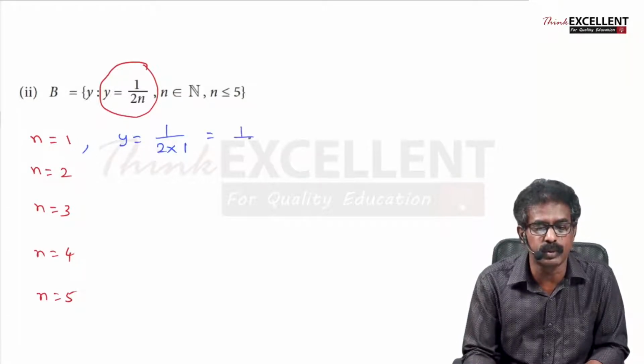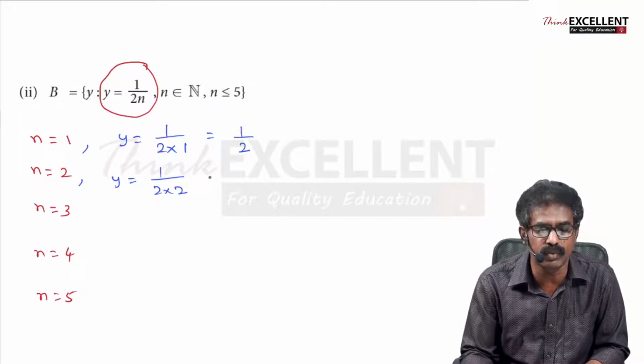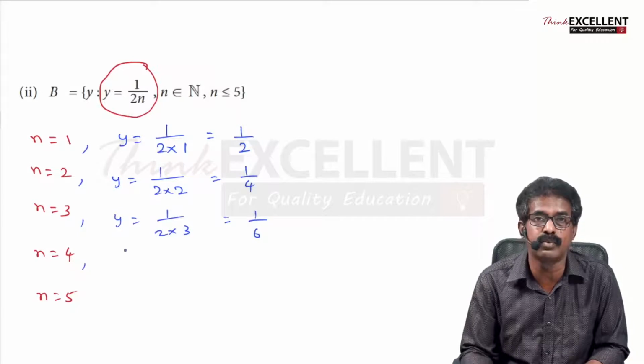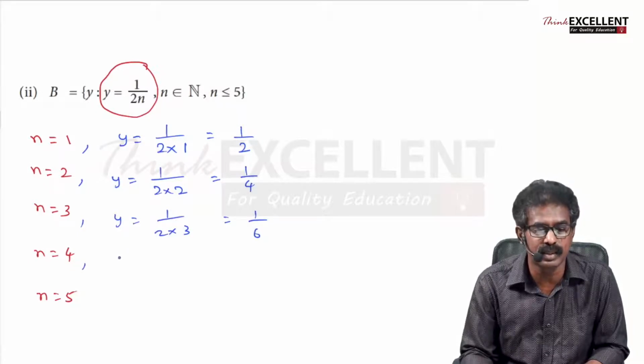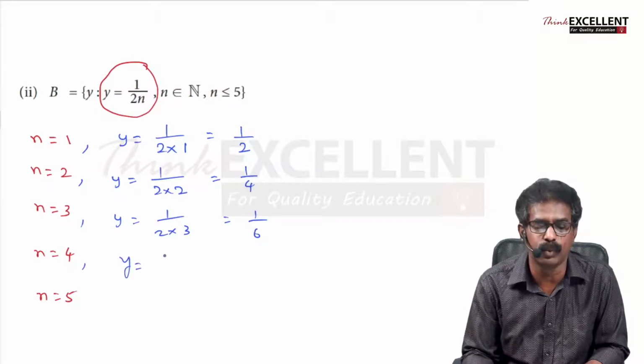So it is 1 by 2 into 1, it is 1 by 2. Now we put n equal to 2. So y equal to 1 by 2 into n. Instead of n, you write 2. 2 2s are 4. So 1 by 4. Now we put n equal to 3. y equal to 1 by 2 into 3. So that is 1 by 6. Can you say the next one? When n equal to 4, y equal to, yes, substitute there. 1 by 2 into n. Instead of n, what is the number here?